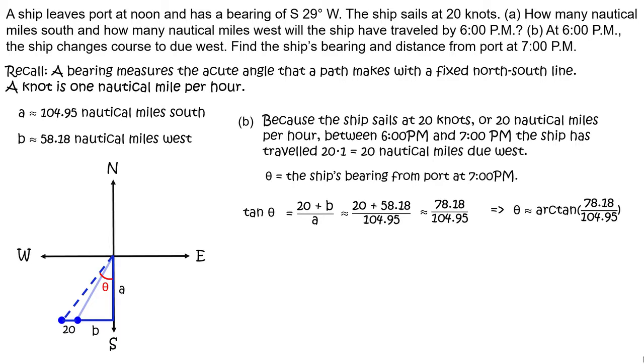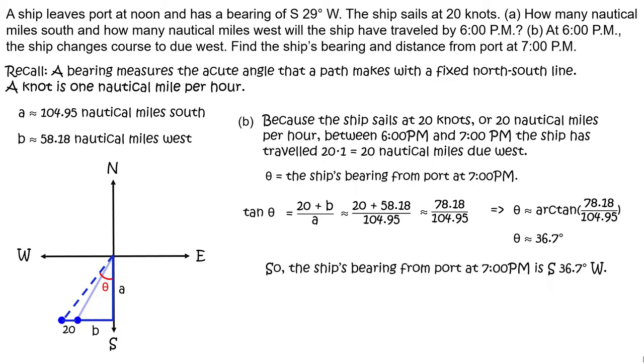To solve for theta, write theta approximately equals arctangent of 78.18 divided by 104.95. Use technology to get that theta approximately equals 36.7 degrees. So the ship's bearing from port at 7 p.m. is south 36.7 degrees west.